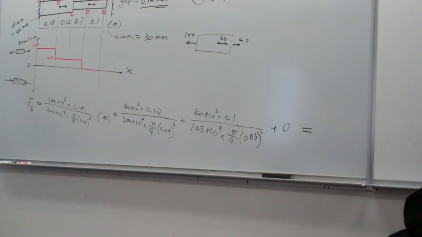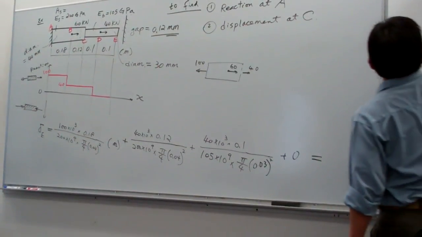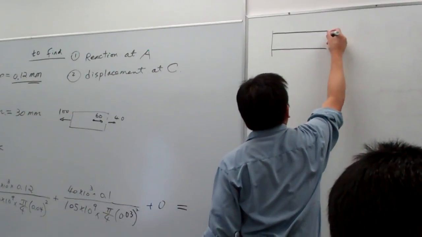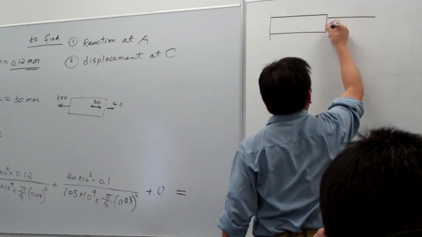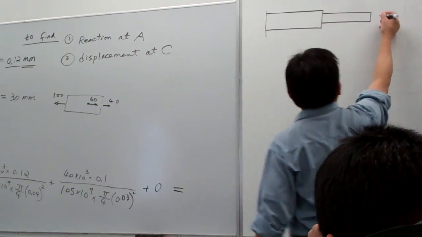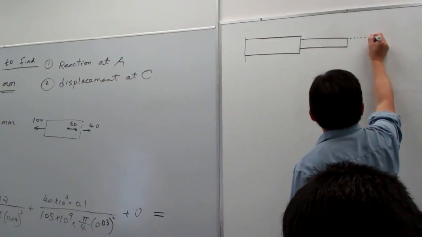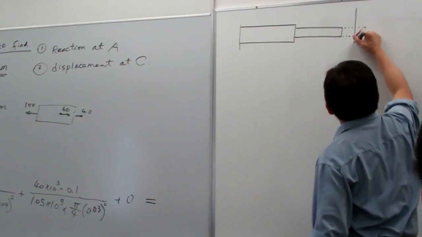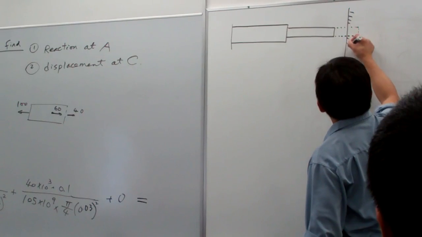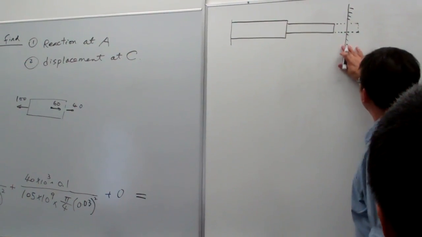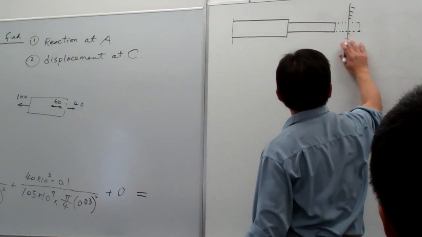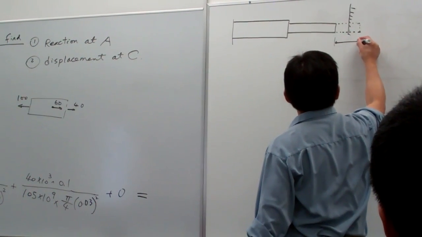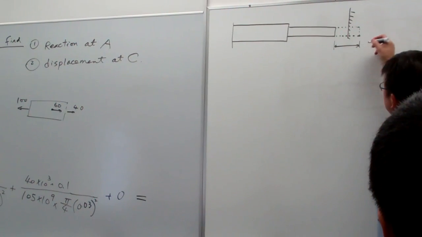Because the gap is closed, that means this material... okay, so that deformation would be, let me exaggerate the deformation, and this is the boundary on the other side. So in total, this is our calculation from there.